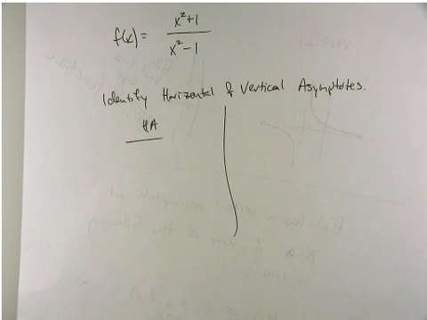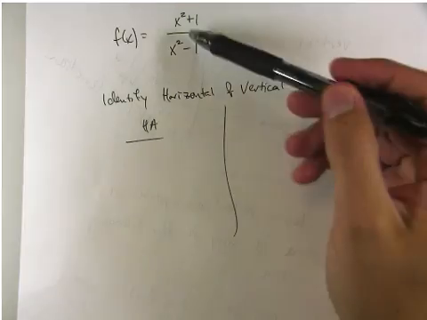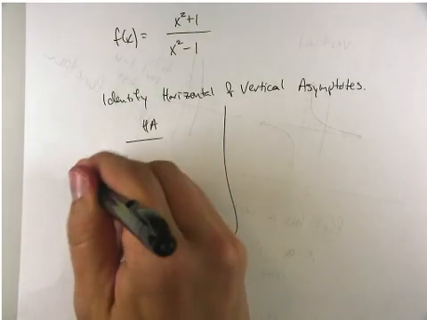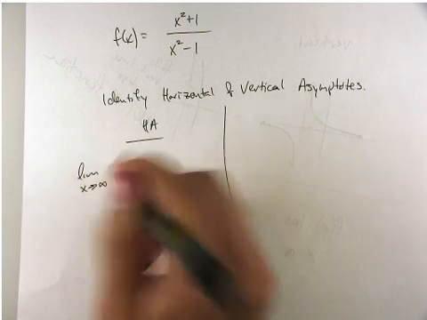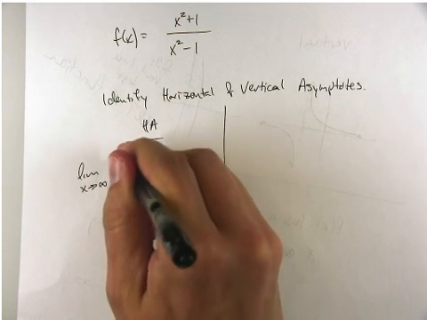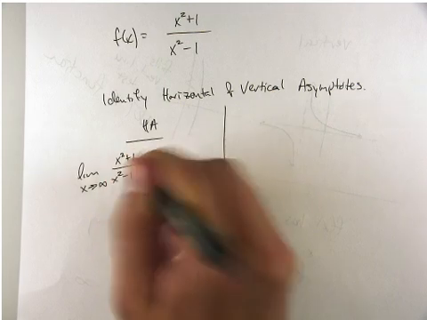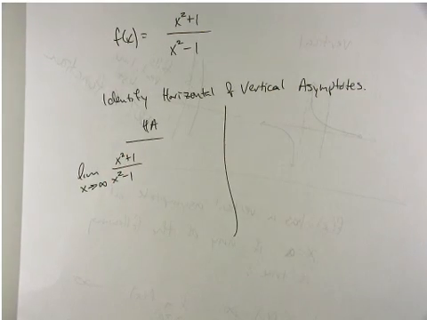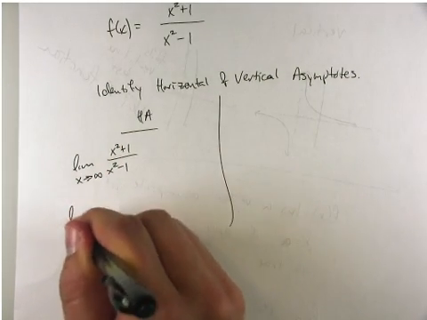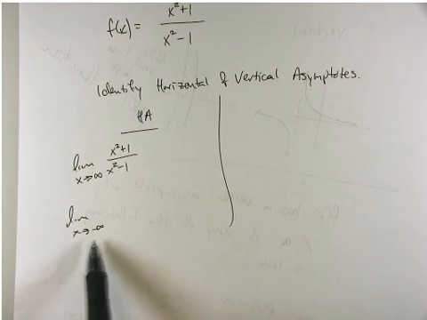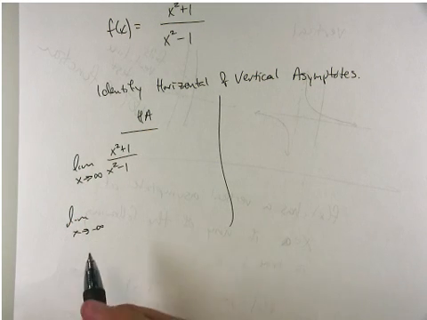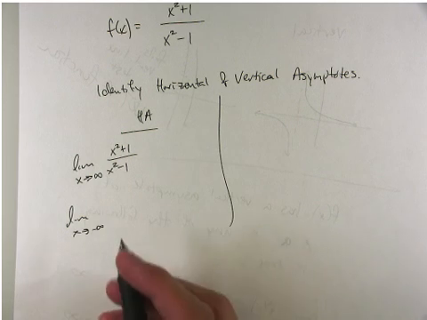How do I find the horizontal asymptotes of a function? Yeah, I can look at the end behavior of this function, right? The idea is to take the limit as x approaches infinity of that function, x squared plus 1 over x squared minus 1. And in general, I also want to test what happens as I approach negative infinity, although with rational functions, it'll always be the same.